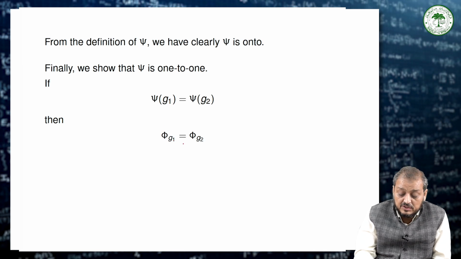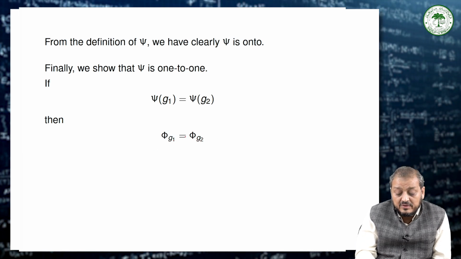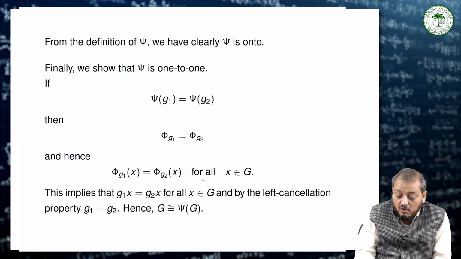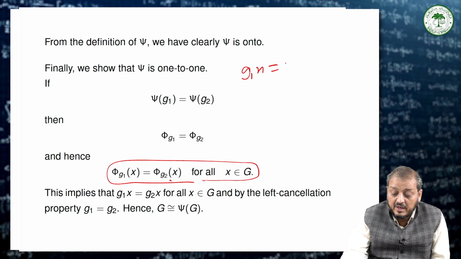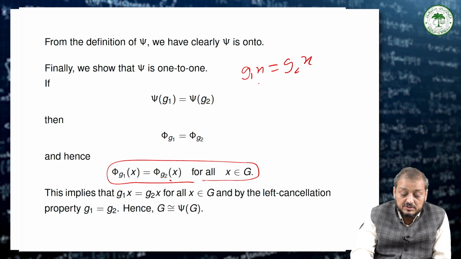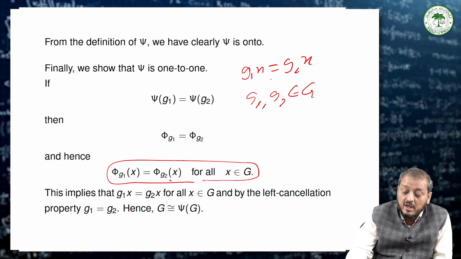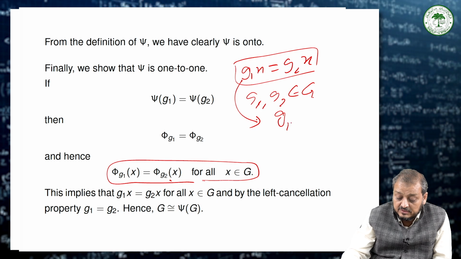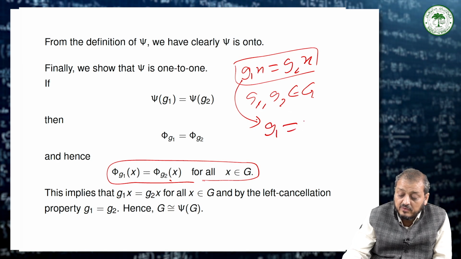By the definition, this is phi of g1 equal to phi of g2. This is true for each x, so it can be written as phi of g1 x equal to phi of g2 x for all x an element of G. Now if phi of g1 x equals phi of g2 x, then g1 x is equal to g2 x, and these are all elements of the group, since g1 and g2 are also elements of G. Here the cancellation property holds. By the cancellation property, we can write g1 is equal to g2.